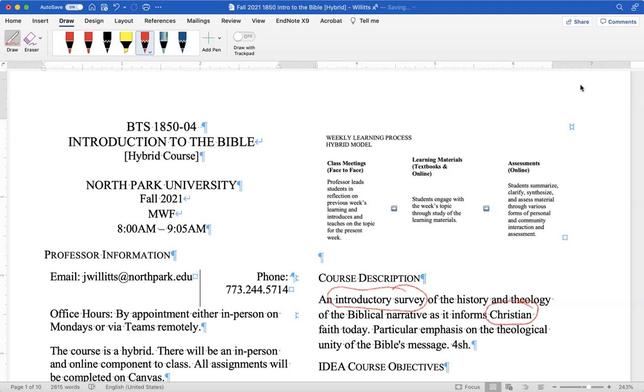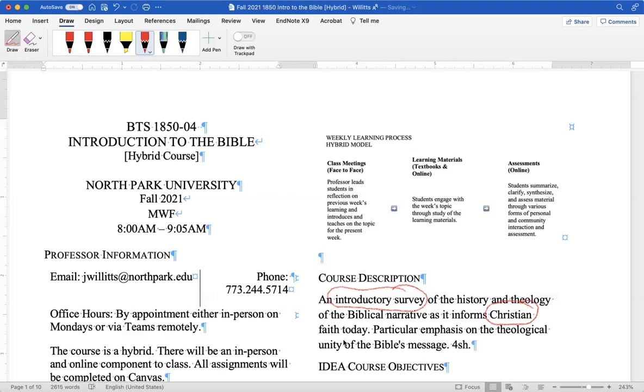And so there'll be a component of our class where we think about not only the Bible as an ancient text, which it is, in a very foreign context to our 21st century, it nevertheless demands, from a Christian perspective, that the question, what does it mean for me? What does it matter today? That question must be asked. So Christian is another component of the introduction to the Bible, unique at North Park.